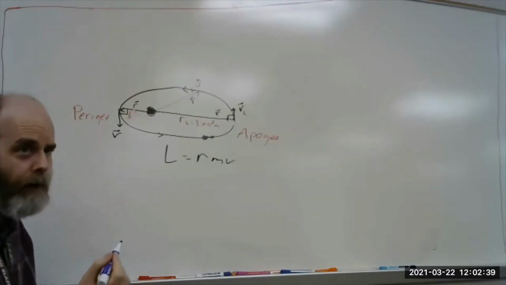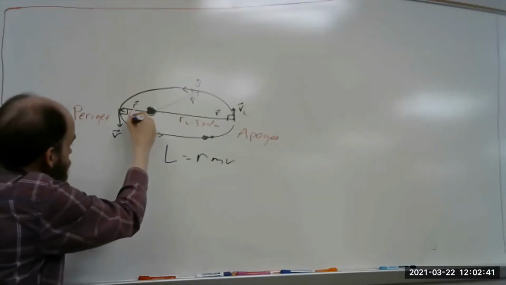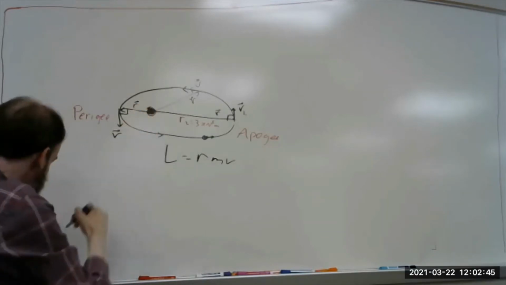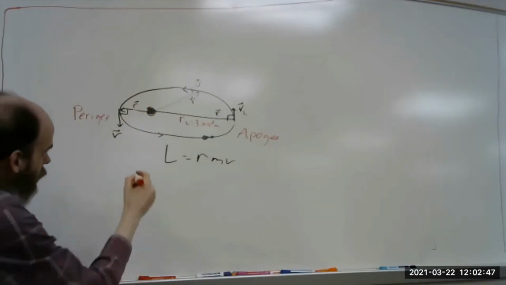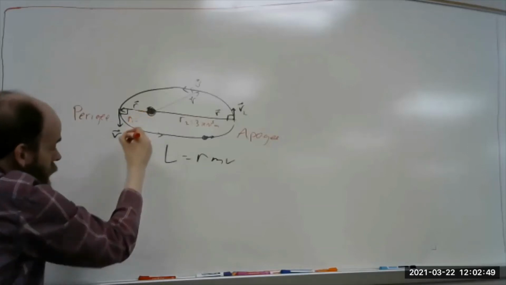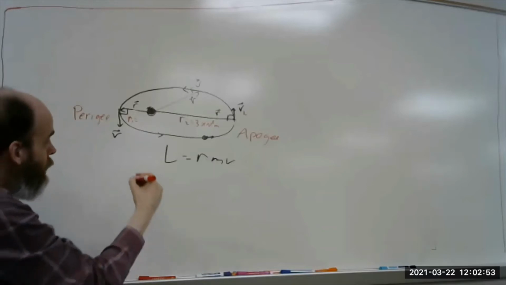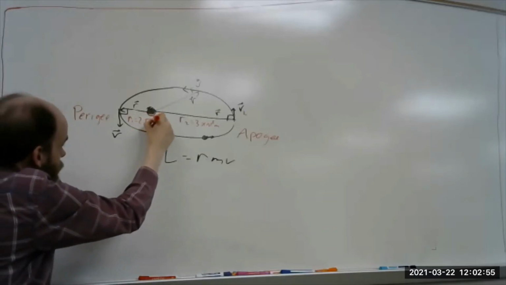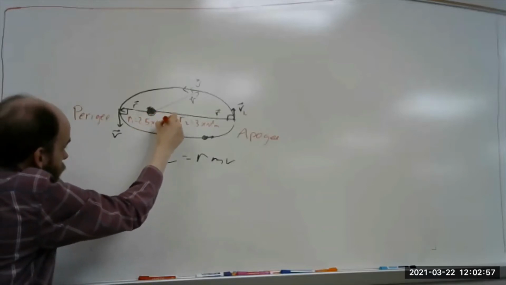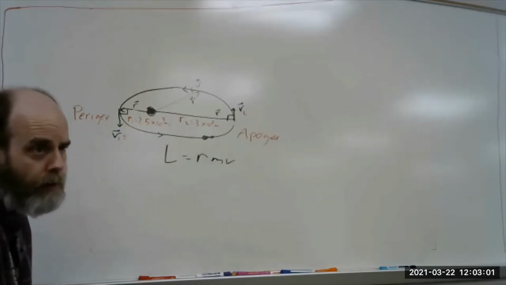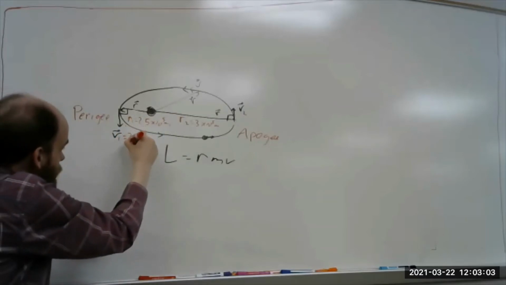In these situations, it's good to have a fine eraser. R1 is 2.5 × 10⁵ meters. And we have V1 equals 315 meters per second.